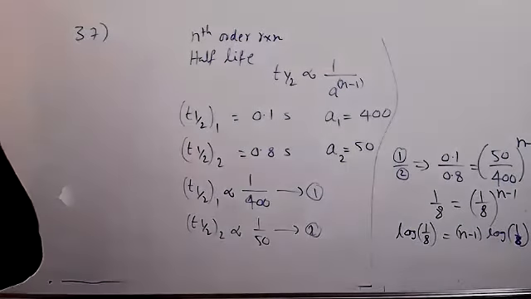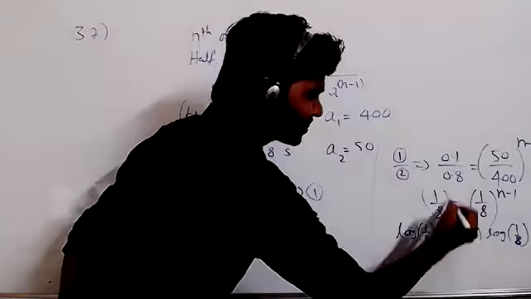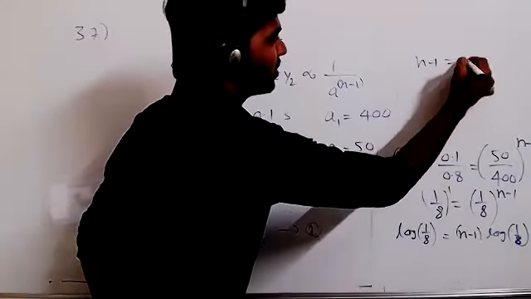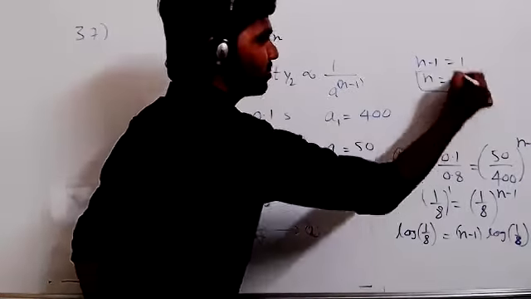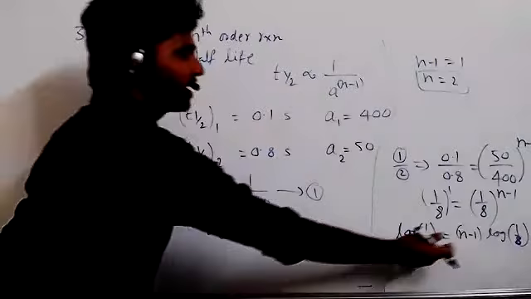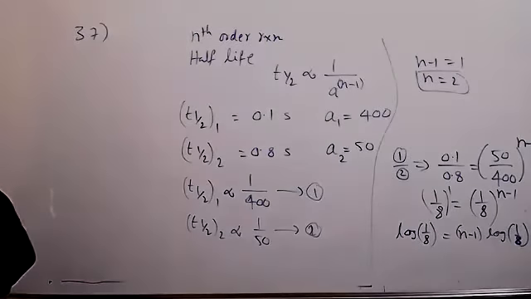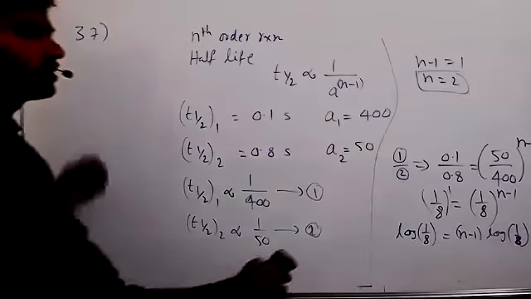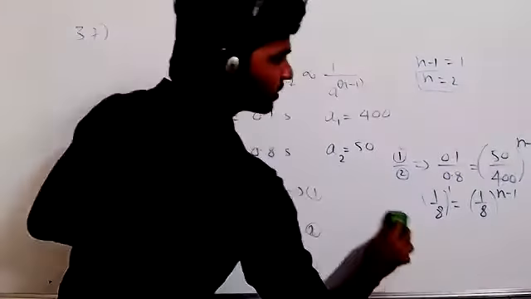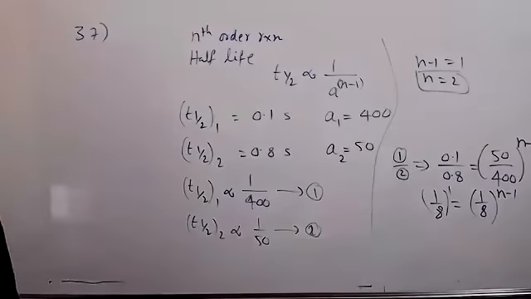We can simply take the powers to be equal because the numbers are equal. So n minus 1 is equal to 1, so n is equal to 2. Okay, this is also correct. Simple way, do this. No need to apply logarithm also.